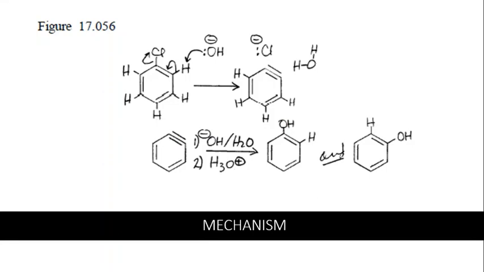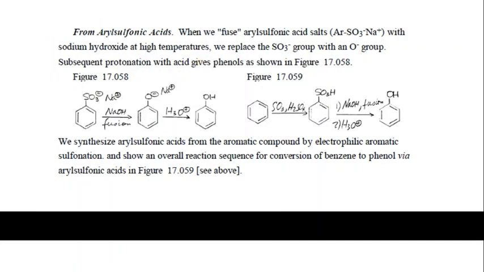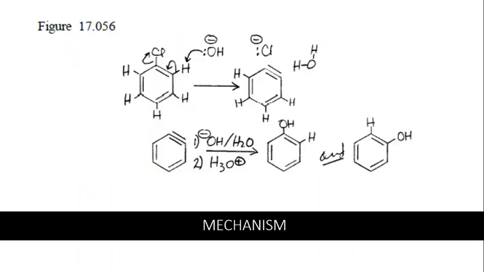Once this benzyne is produced, it is attacked by water, and as a result phenol is produced. So here is the mechanism for these conversions also, where the diazonium salt of the benzene changes into phenol. Same, there is a benzyne formation, and then thereafter the acid workup resulting in phenol.